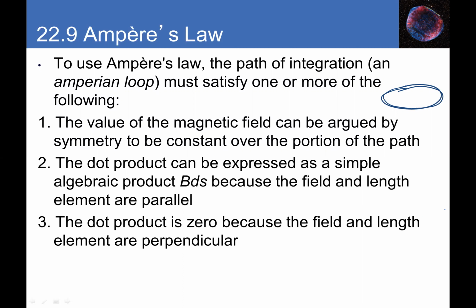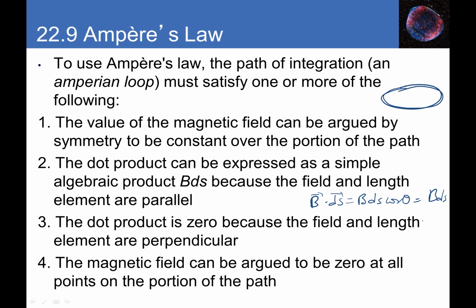If B and ds are perpendicular, theta is 90 and cosine of 90 is 0, so you get a 0 dot product.